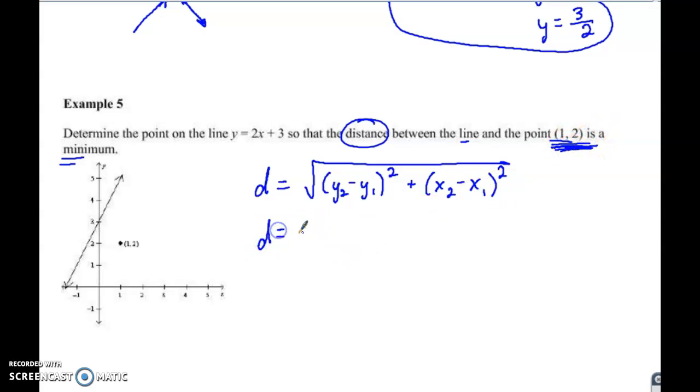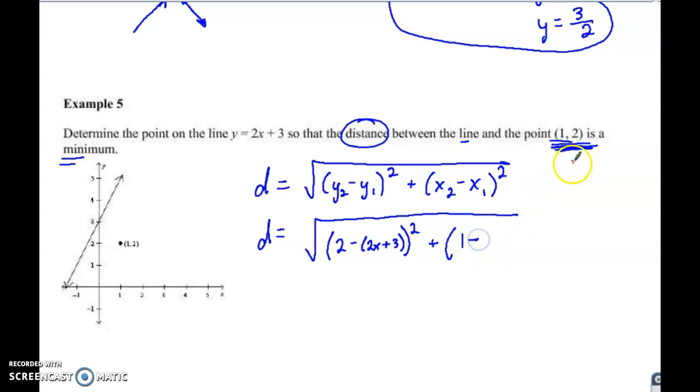So the distance equation that we could use is definitely going to use 2 for y. And I'm going to use this y as this expression, that 2x plus 3 squared. And then this x coordinate is always 1, and it corresponds to the x that's always in that problem.